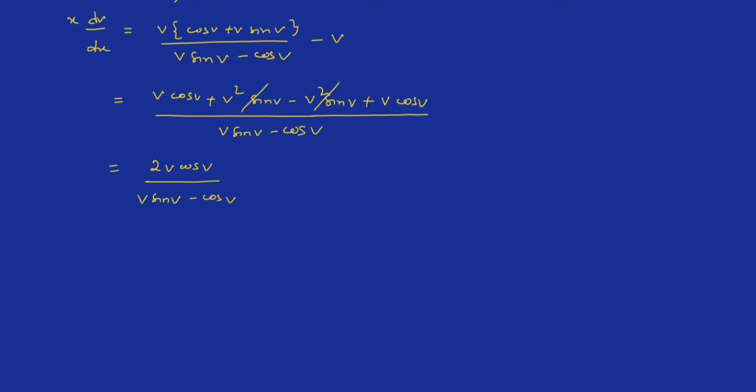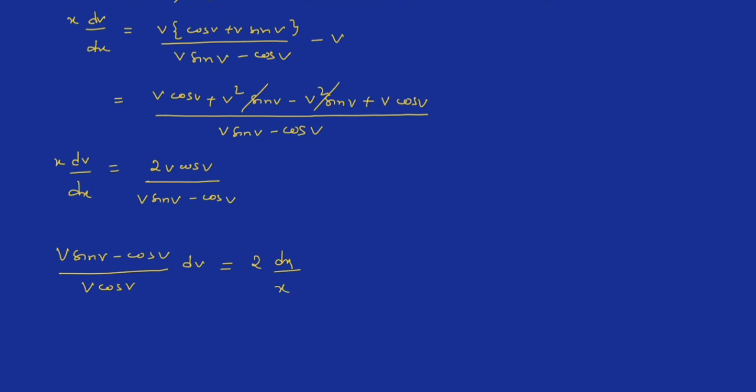So now the variables are separable. In the LHS, x dv by dx is there, so now what we get here is (v sin v minus cos v) divided by (v cos v) dv, and the 2 is written here only, as 2 dx upon x, right?